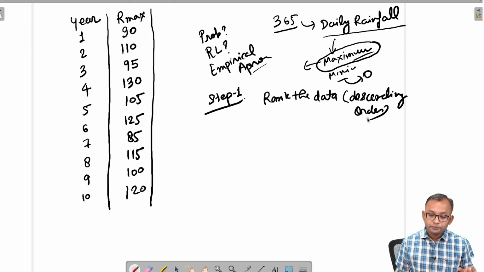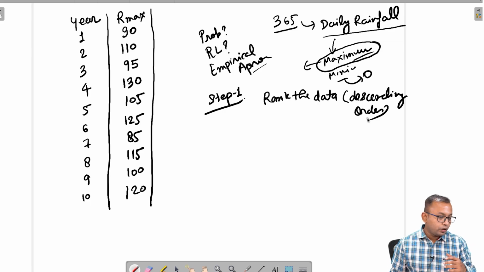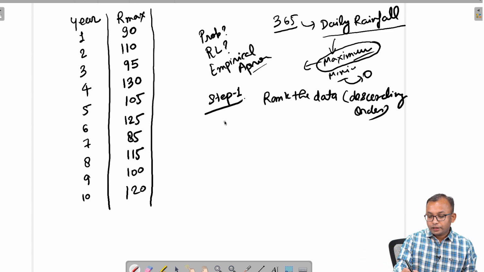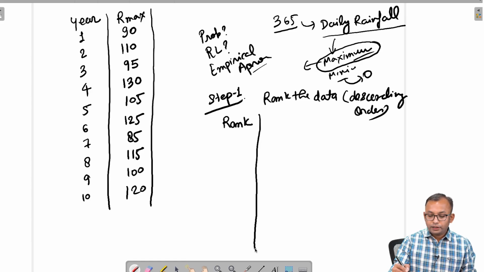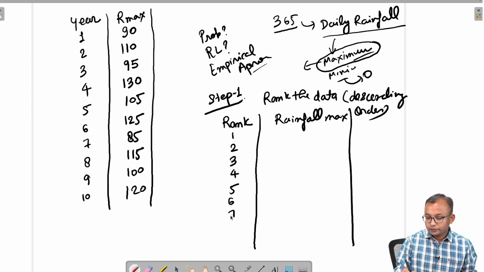How do we do that? Let us say you have the year information and the R max information. Now, you want to rank the data based on magnitude. Write the rank of the data, and this is your rainfall maximum amount. So, we write 1, 2, 3, 4, 5, 6, 7, 8, 9, 10.